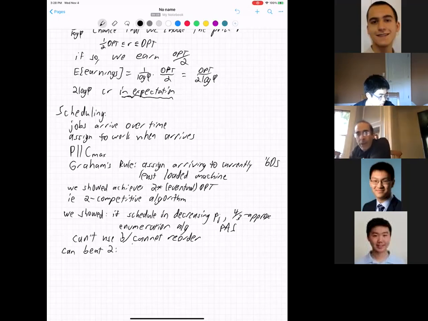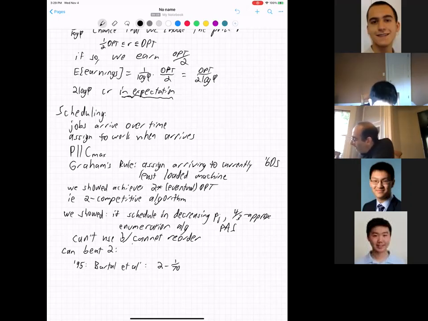It remained the best known algorithm for this very straightforward problem all the way up until 1995. Okay. Bartal et al. managed to improve the competitive ratio to 2 minus 1/70th. It only took 30 years, okay, to beat 2.